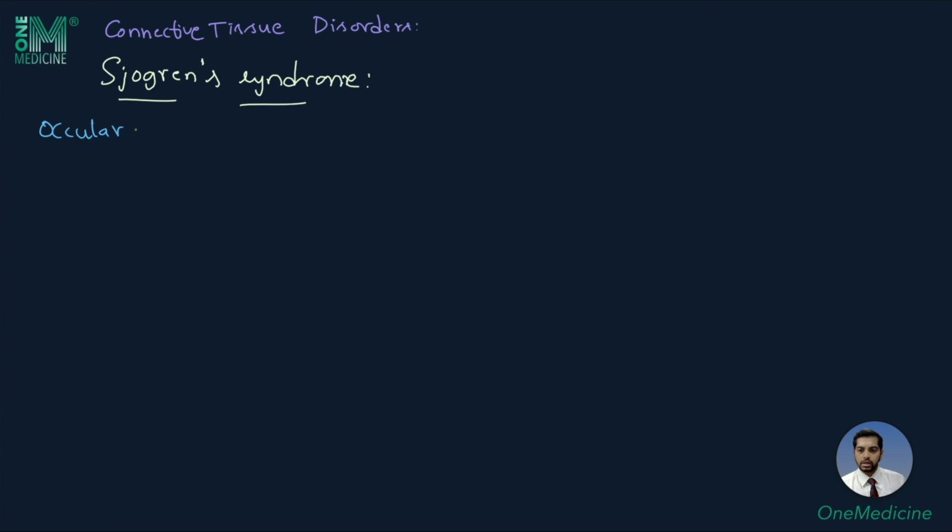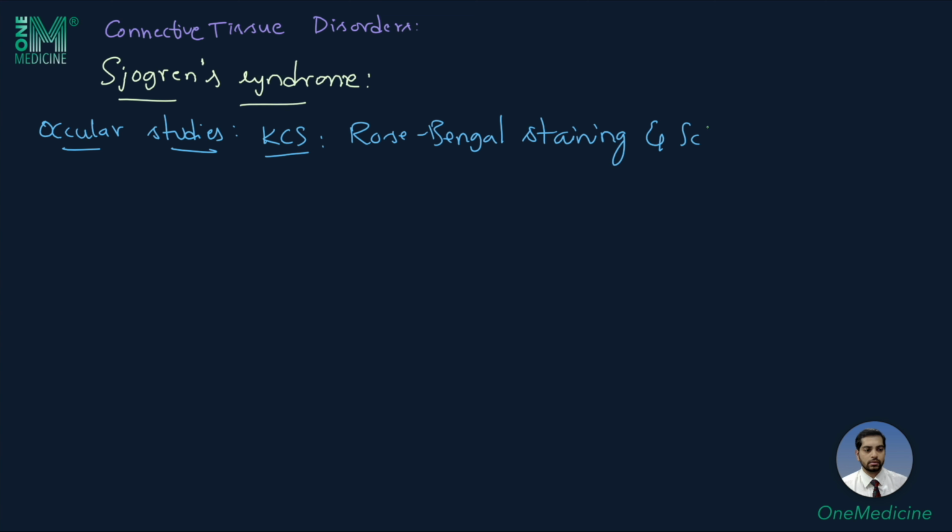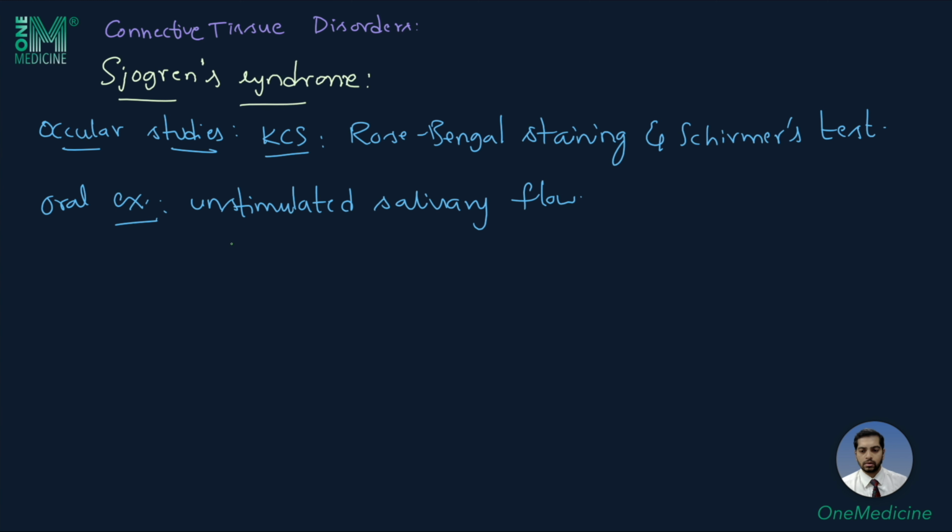Ocular studies are performed to objectively evaluate for keratoconjunctivitis sicca, and this includes rose bengal staining and Schirmer's test. Oral examination includes unstimulated salivary flow study and also dental examination.